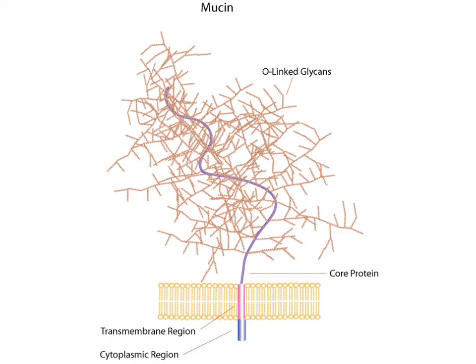In this case, showing the mucin attached to the cytoplasmic membrane of a cell through this anchor on the polypeptide. But not all mucins are attached to the cell. There are mucins in saliva, and there are mucins in other locations that are free-floating.